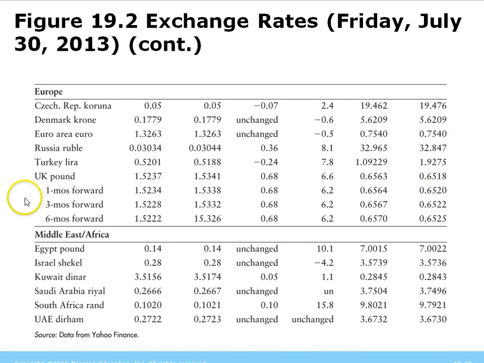So here's one. If you look at the Egyptian pounds, you take 7 Egyptian pounds to equal $1. So 14 cents equals 1 Egyptian pound, and 7 Egyptian pounds equal $1.